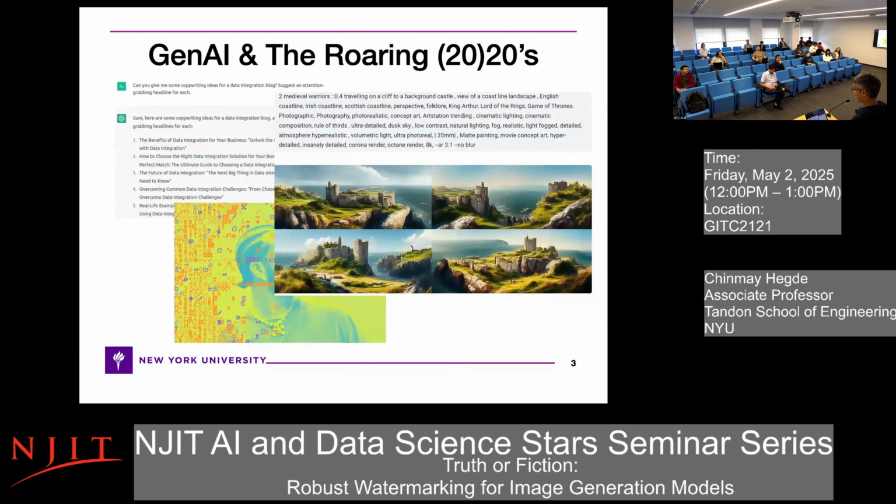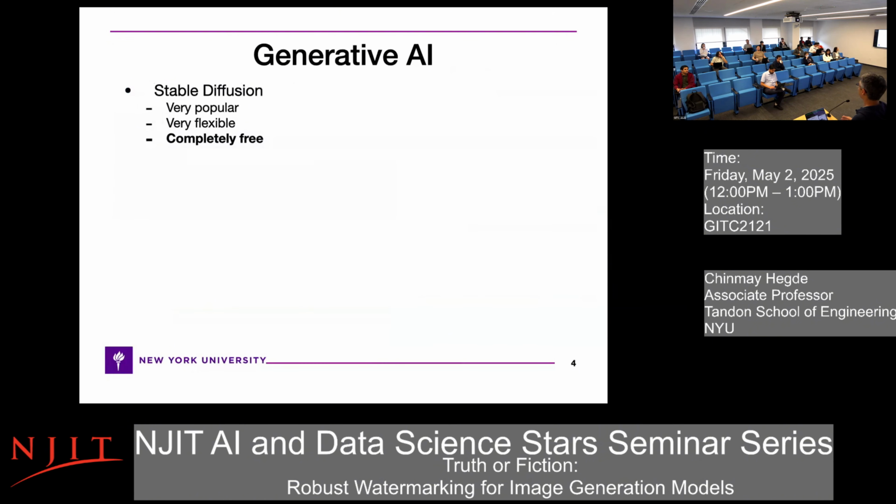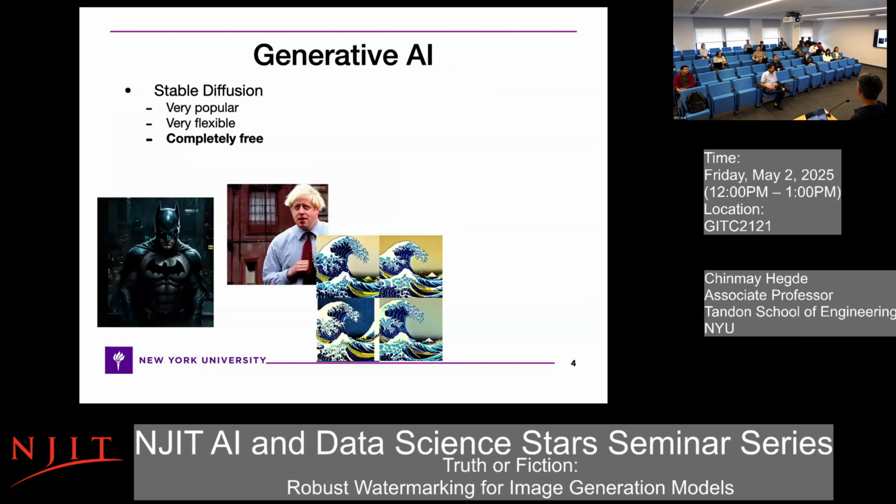Right, so it's an incredible time, and the best part about all this, it's all completely free. There are so many models out there that you can play with. And right now, if you wanted, you can generate images of your favorite comic book hero or other heroes.